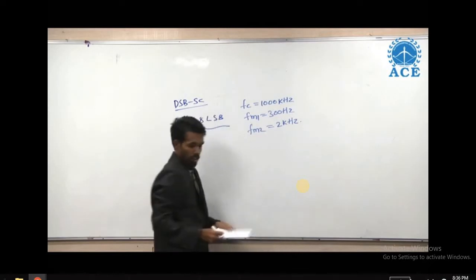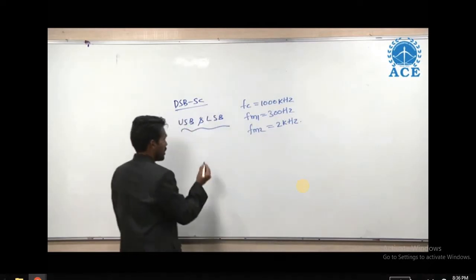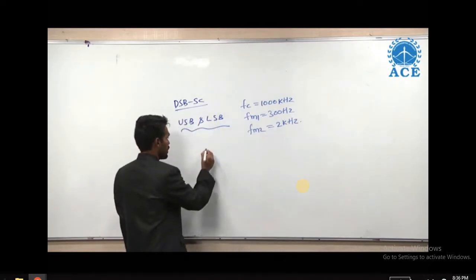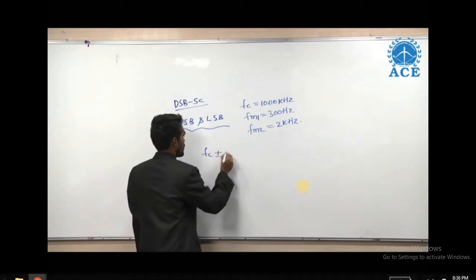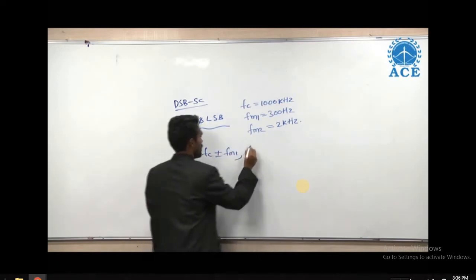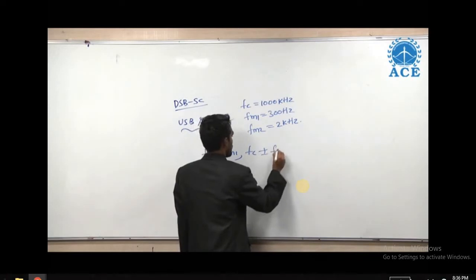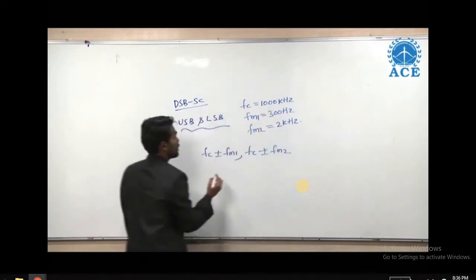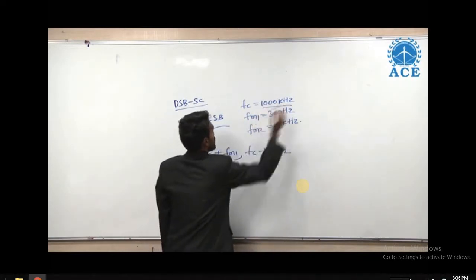So, we know that in DSB-SC system, the output frequency components are fc plus or minus fm1, fc plus or minus fm2.